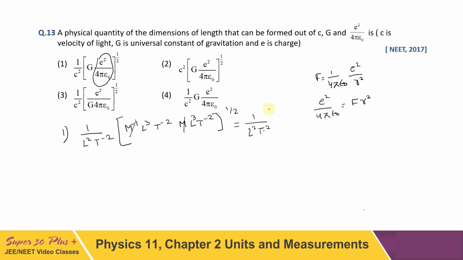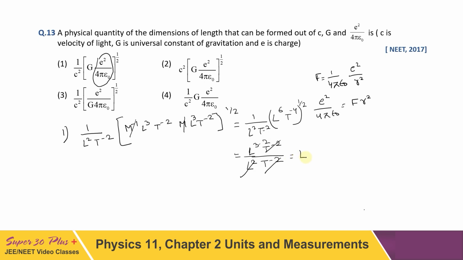This is L6 T minus 4 and power is 1 by 2. That is 1 by L square into T minus 2. In numerator it is L cube T minus 2. These two got cancelled, 2 power got cancelled, that is equal to L.